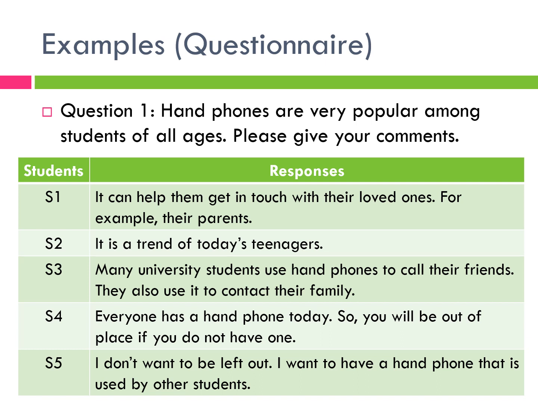Student 4, everyone has a handphone today, so you will be out of place if you do not have one. Student 5, I don't want to be left out. I want to have a handphone that is used by other students. So you will have this raw data for qualitative data. Right, next.